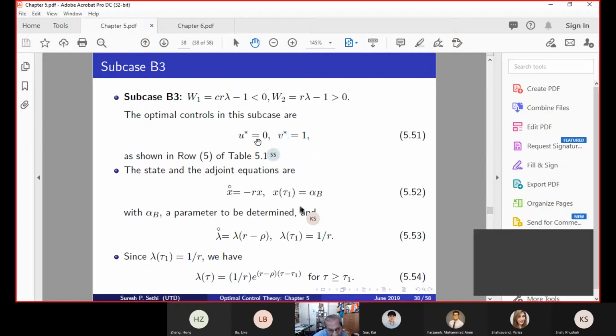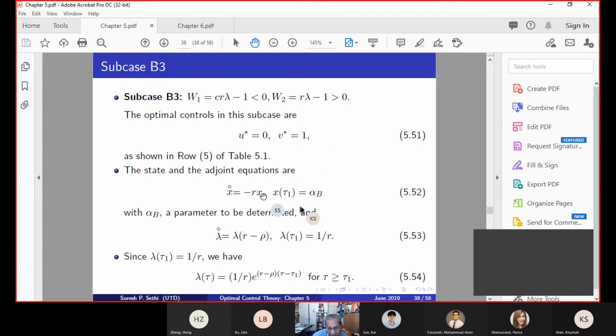Notice that this equation is now different. Previously we were growing at rate G in case A3. But in case B3, we are growing at rate R, because all of the retained earnings are being invested at rate R. So when I retain them, I'm going to earn R on them.